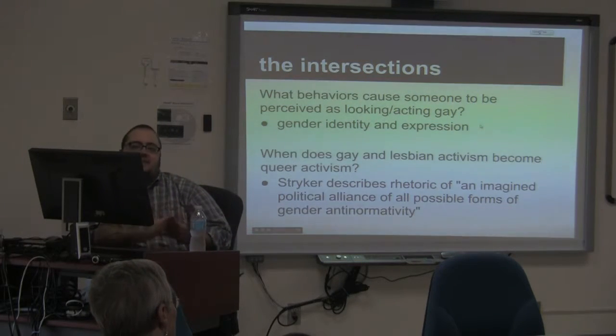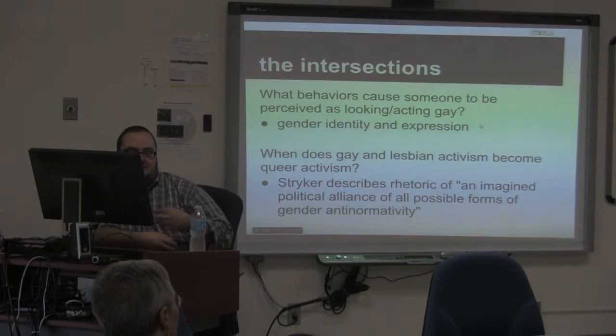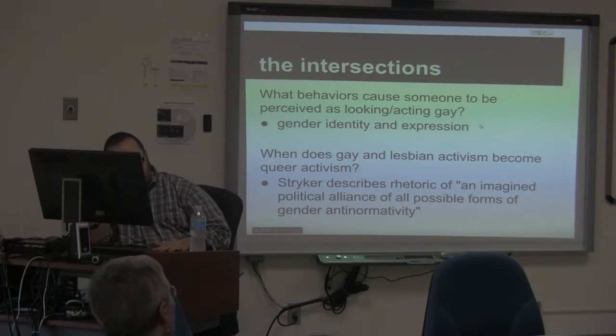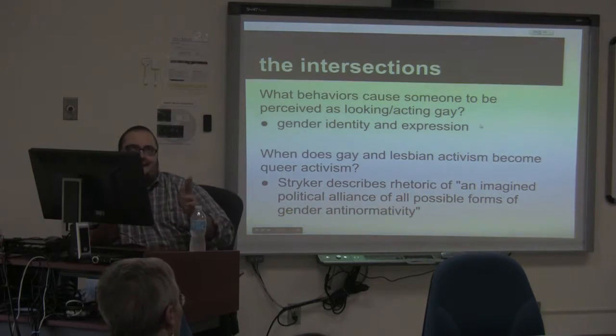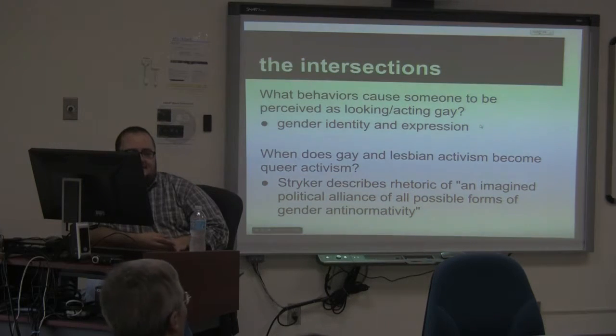But they haven't always intersected politically, even though their origins and some of their meanings have. For example, I mentioned the rise of the gay and lesbian movement with political activism in the 50s and 1960s, and at that time, people who were transsexuals or otherwise gender non-conforming were deliberately shifted out of the front lines of that movement.